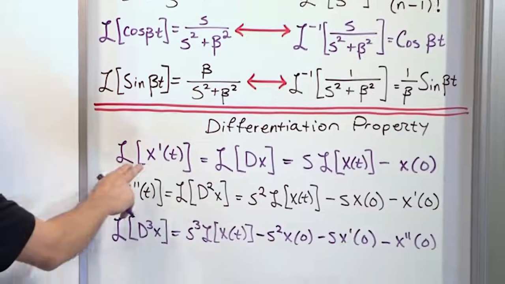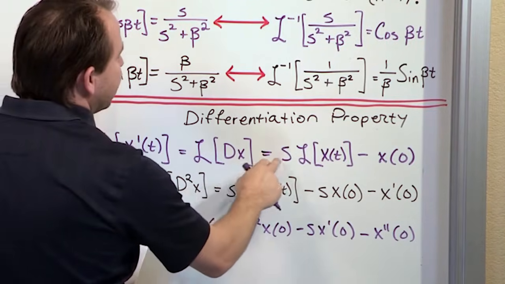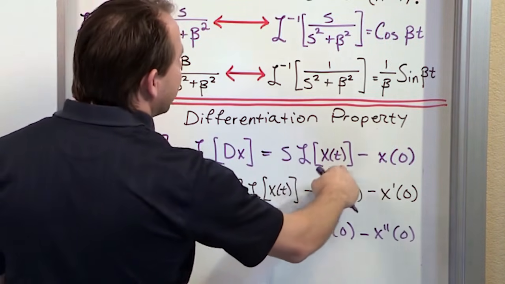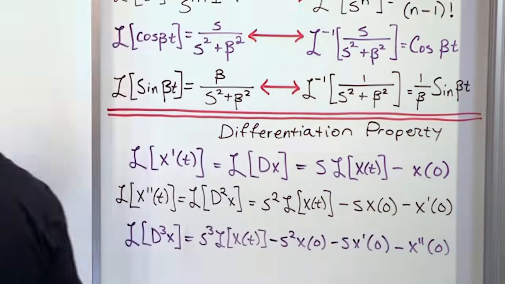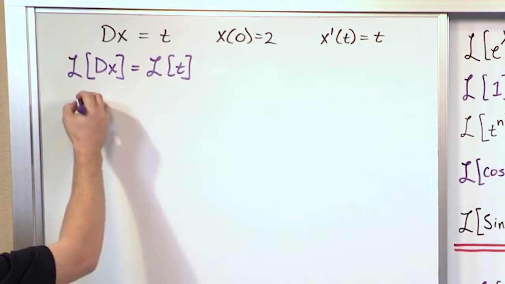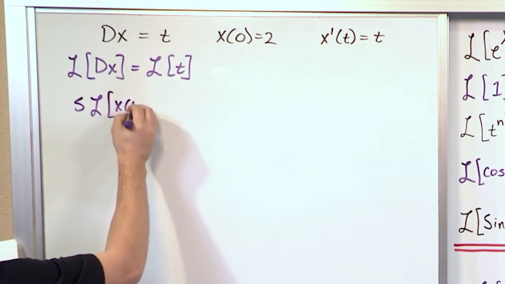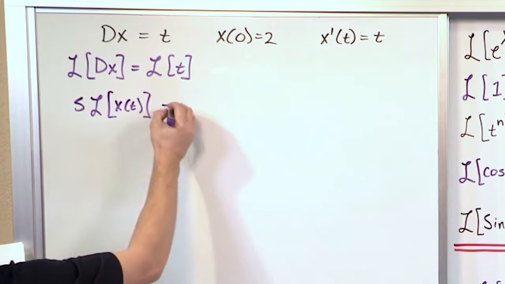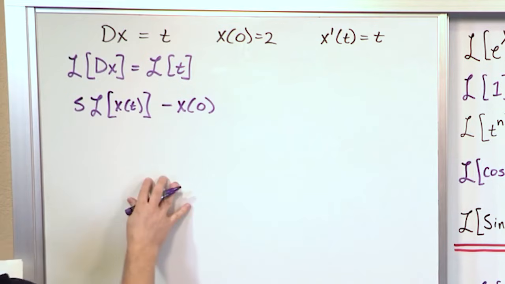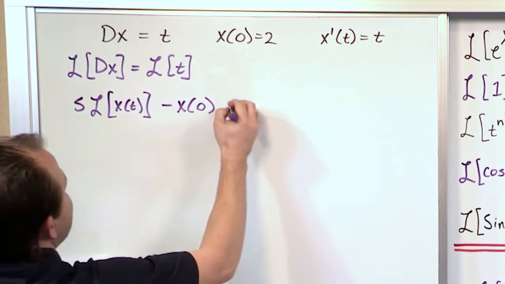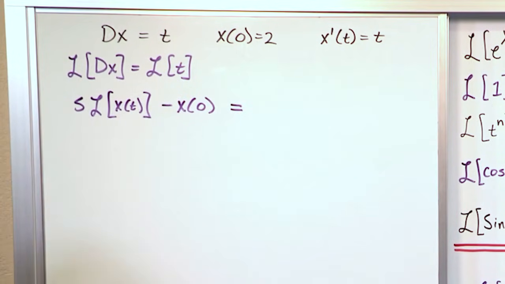We have just written it down here. Laplace transform of a first derivative is s times the Laplace transform minus the initial condition. So what we do is we say s times the Laplace transform of x of t minus x of 0. That's what we said this derivative was equal to, equals the Laplace transform of t.